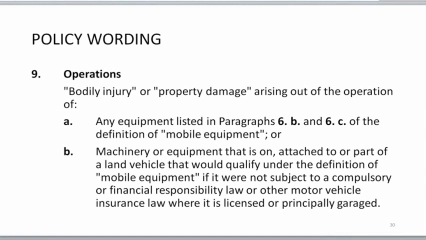Bodily injury or property damage arising out of the operation of any equipment listed in 6B and C. Those are the cherry pickers, the street sweepers, and the pump out trucks of the definition of mobile equipment, or machinery or equipment that is owned, attached to, or part of a land vehicle that would qualify under the definition of mobile equipment if it were not subject to compulsory or financial responsibility laws or the motor vehicle laws. This is that mobile equipment.